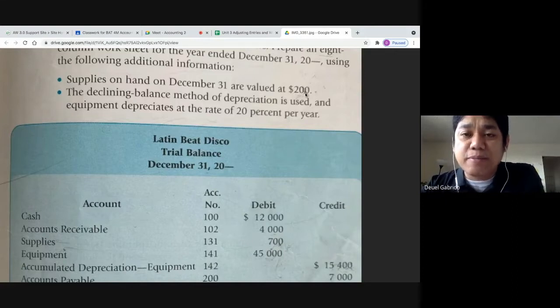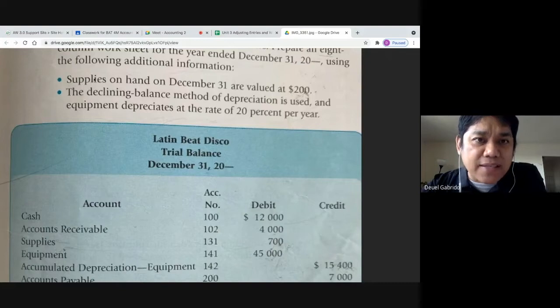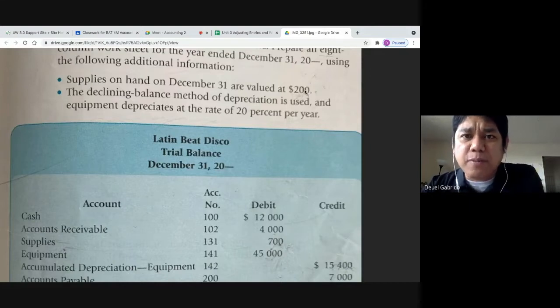So what do you mean by that? It says at the beginning it has 700. It's wrong, right, guys? The 700 is wrong because although it's December 31 here, the reason why it's wrong is because they gave us this information at the end of the year, right? So what happened to the supplies? Why did it become 200 only?